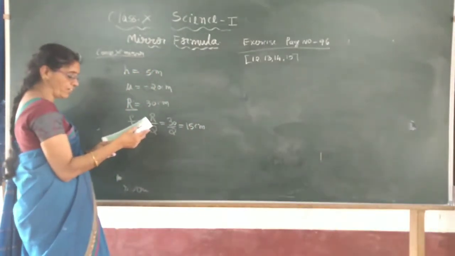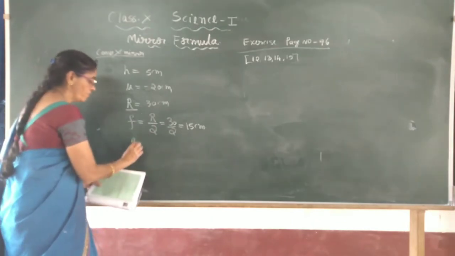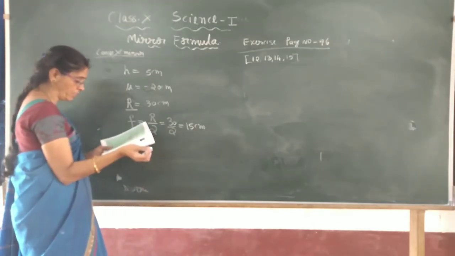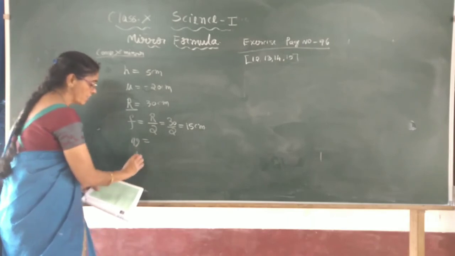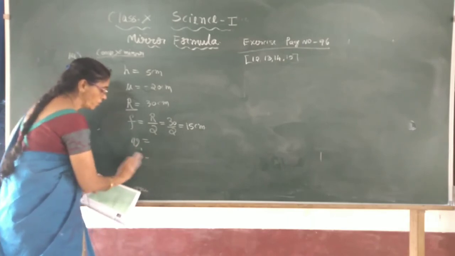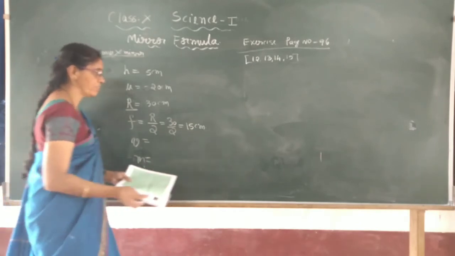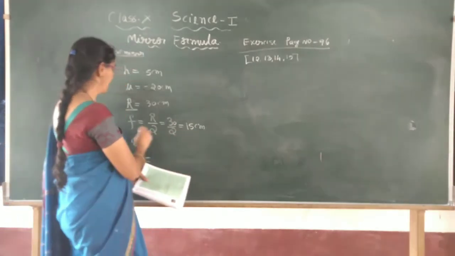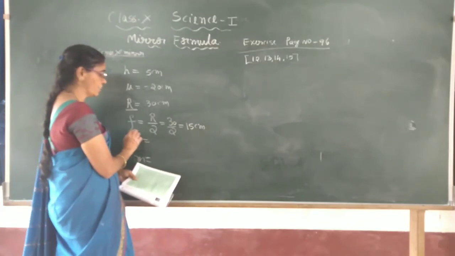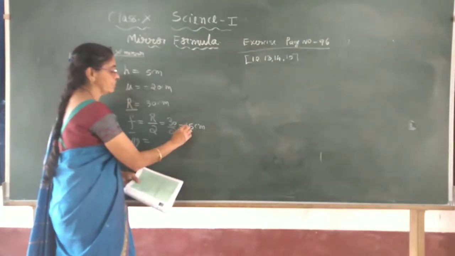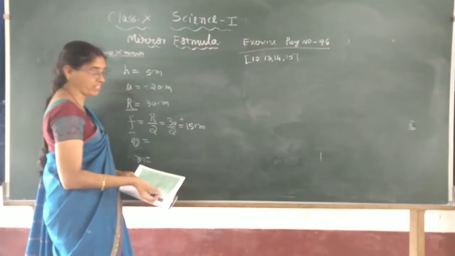Now what you have to find? The position of the image, v, we have to find, and its size, h dash. Also m you have to find out, and h dash you have to find out. Which formula now here? And here one thing is there, the focal length in case of a convex mirror is always positive. No problem, it is positive.